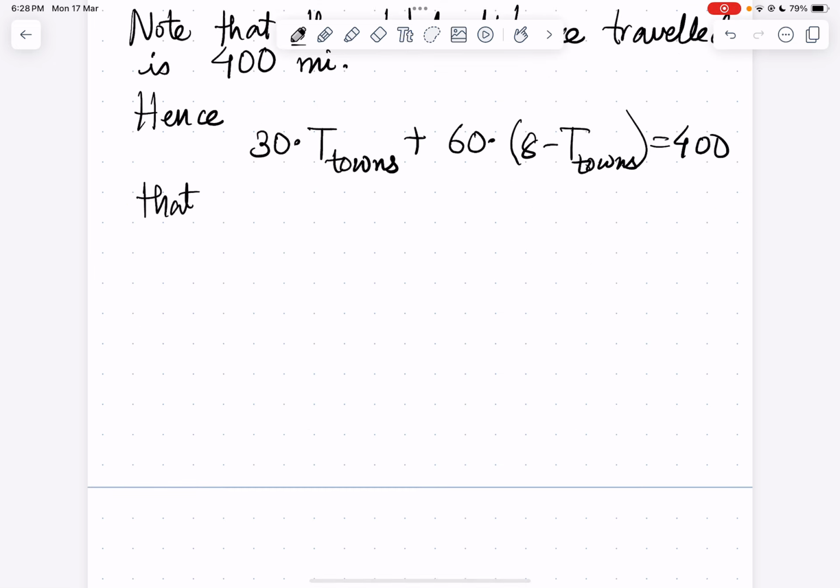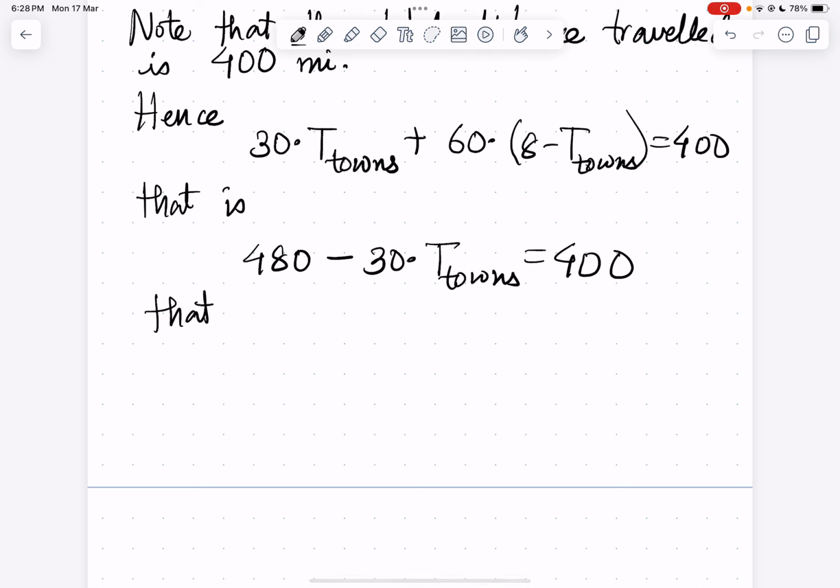That is, 480 minus 30 times t towns equals 400. That is, t towns equals 80 by 30, which is 8 by 3.